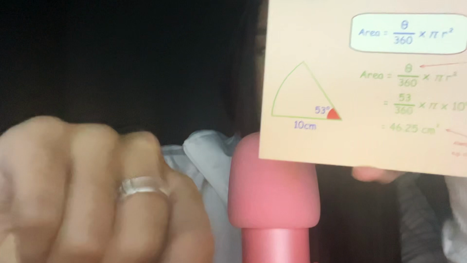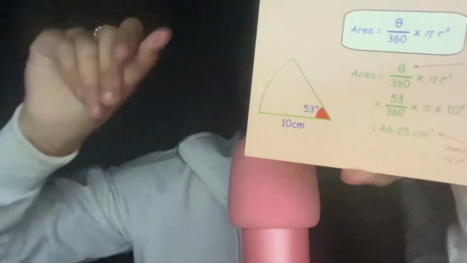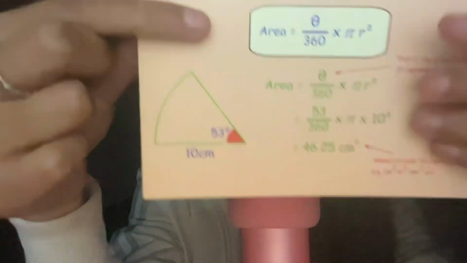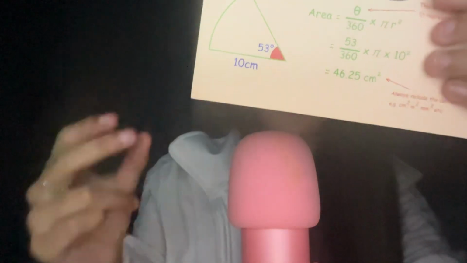To find the area of a sector, you do the angle within the sector over 360, because the angles around a point in a circle add to 360, times pi r squared. So theta over 360 times pi r squared. That's the area of a sector.